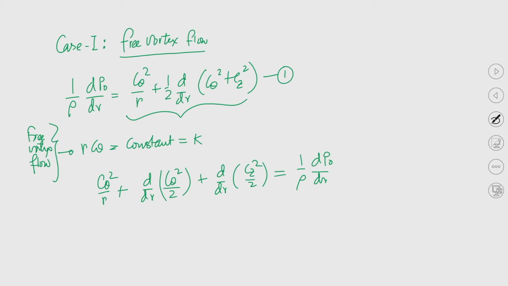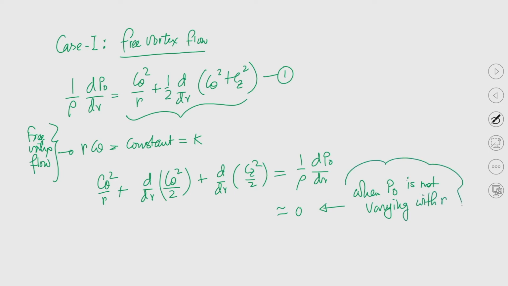If p naught is not varying with r, that will be equal to 0. So, that is when p naught is not varying with r. Okay. So, that means this is equal to 0.